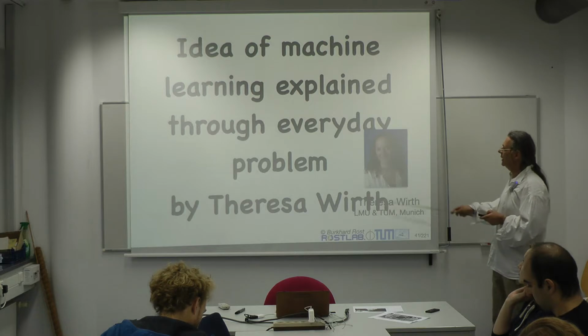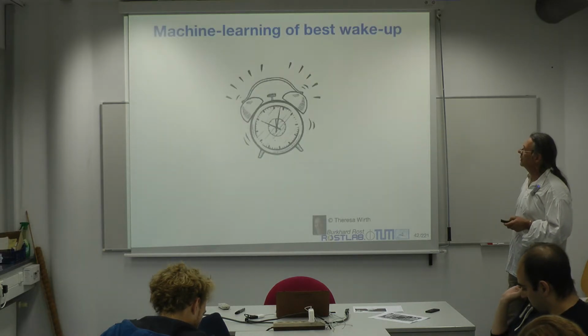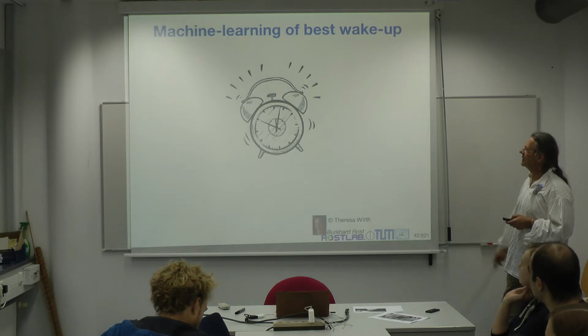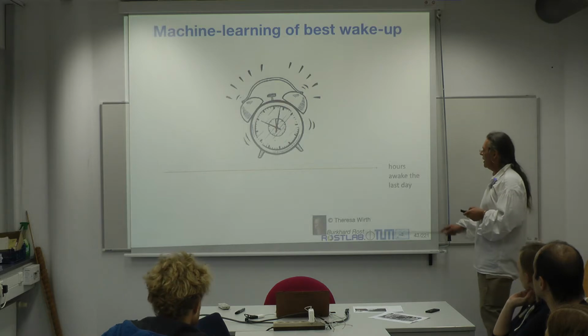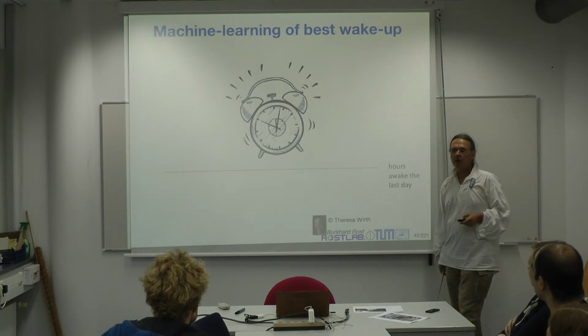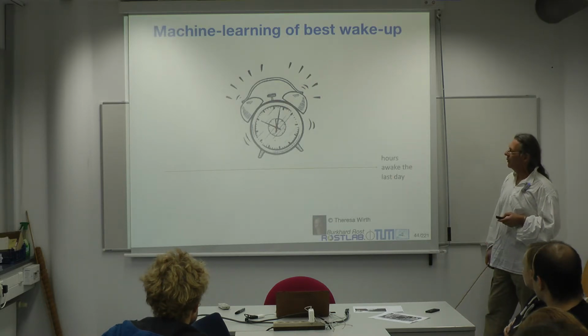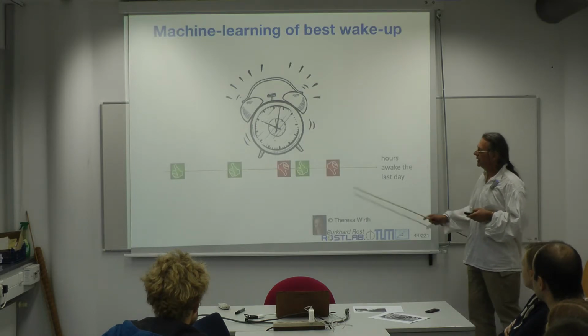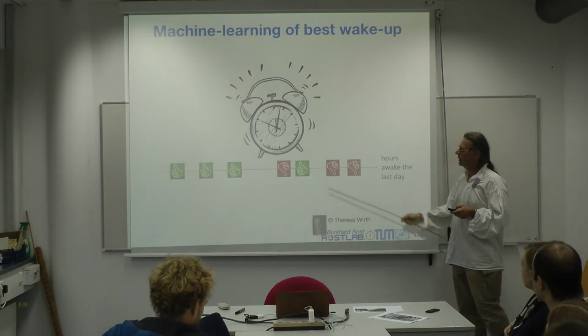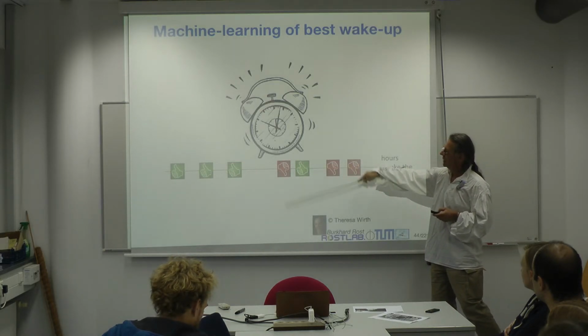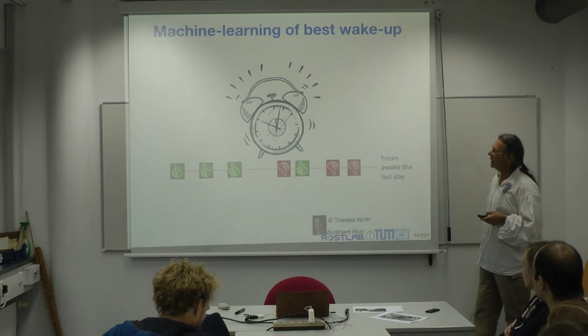The idea of machine learning, briefly explained through Teresa, is on this issue of how do I optimize that I'm happy when this thing makes a tone in the morning. So maybe I can predict from how many hours I was awake the day before, and then I have some data points and I see that this simple model works or it doesn't work. With the simple model I would make the cut here and would make one mistake.